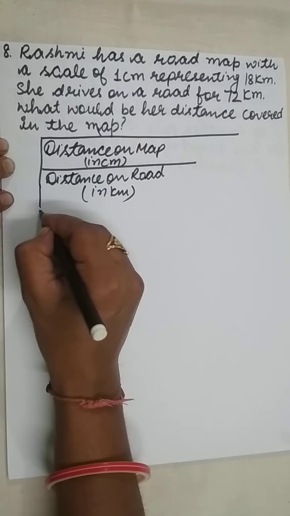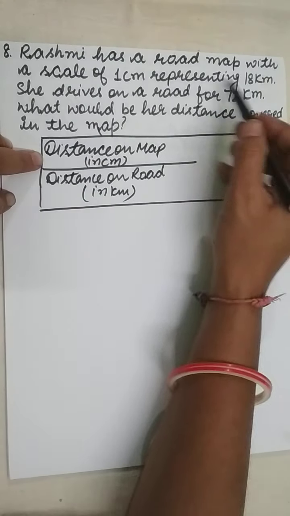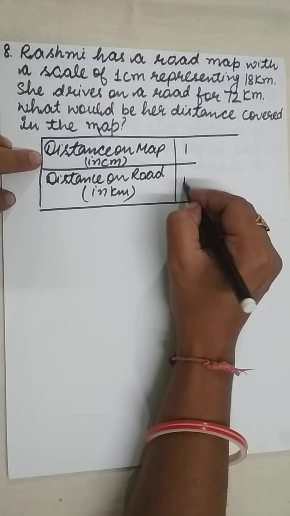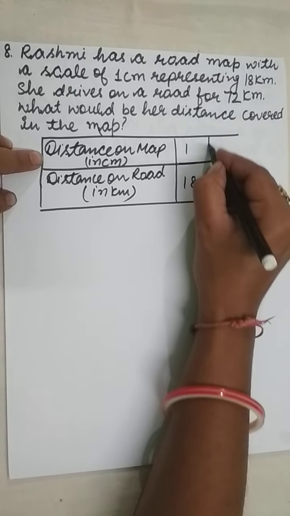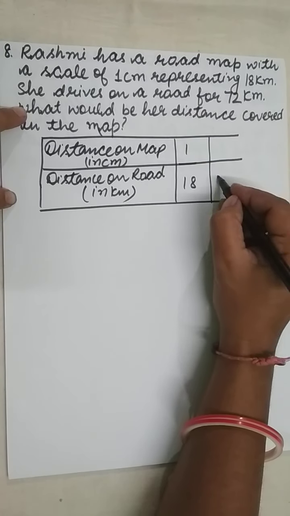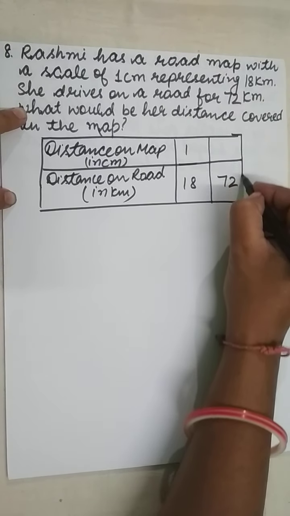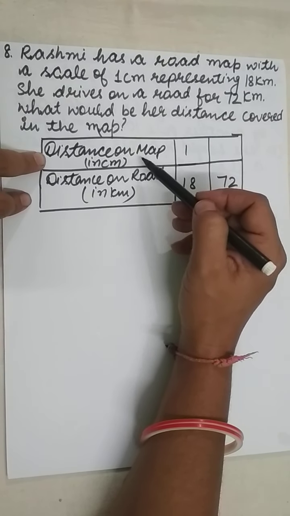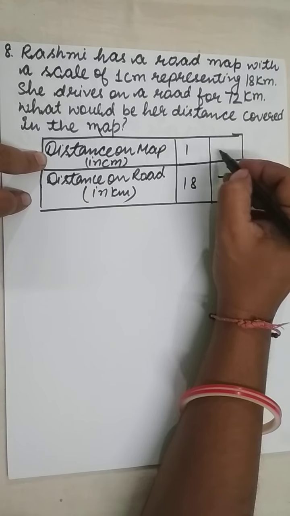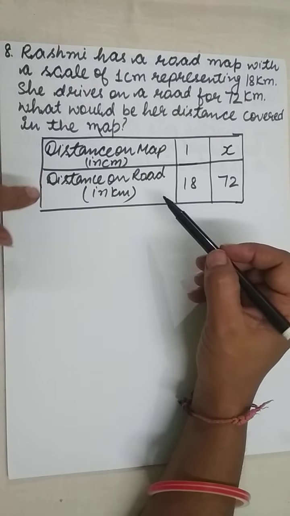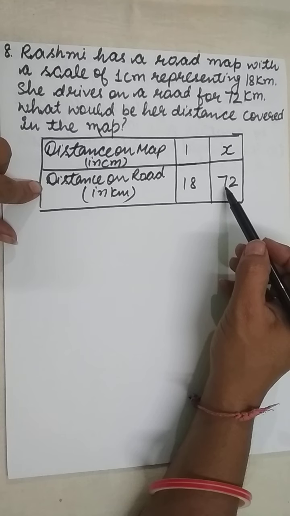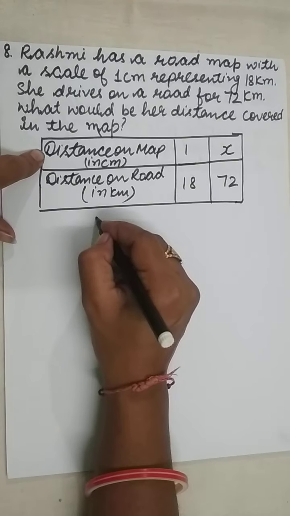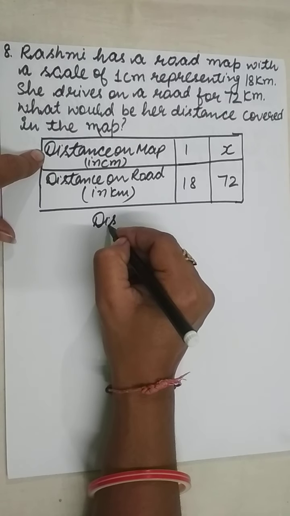So for distance on map, that is 1 centimeter distance is represented by 18 kilometers, and we are to find out 72 kilometer will be represented as what value on map. So I will take it as x. As the distance on the road will increase, ultimately the distance on the map will also increase. So it is again in direct proportion.